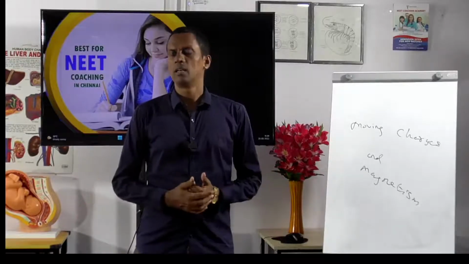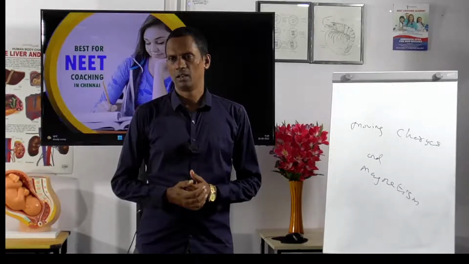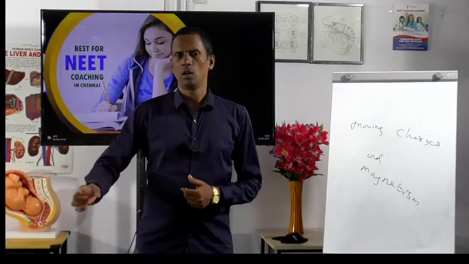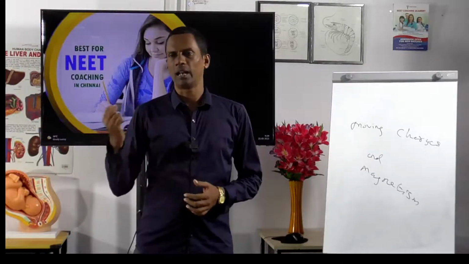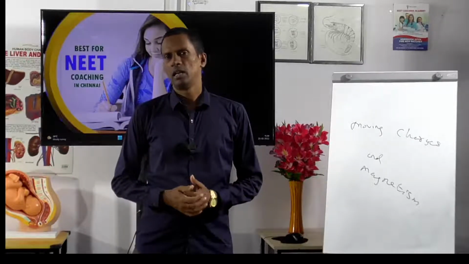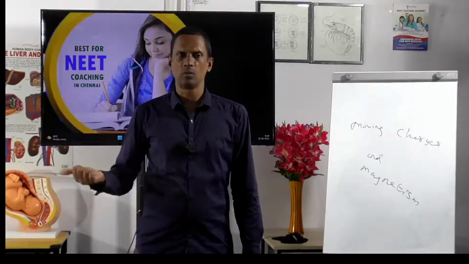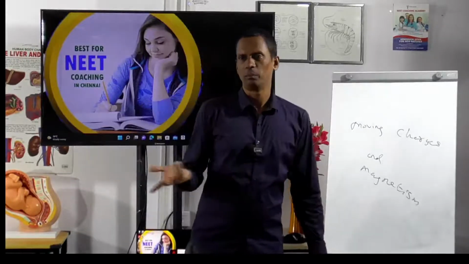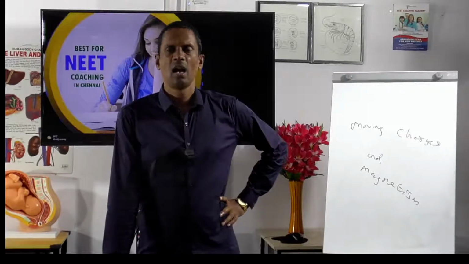By burning. Burning means heat. By supplying heat, your water is converted into vapor. So it's a thermal power plant. This one is a thermal power plant, that one is a nuclear power plant, and another one is hydroelectric power. From the dam, the production of electricity is called hydroelectric power.